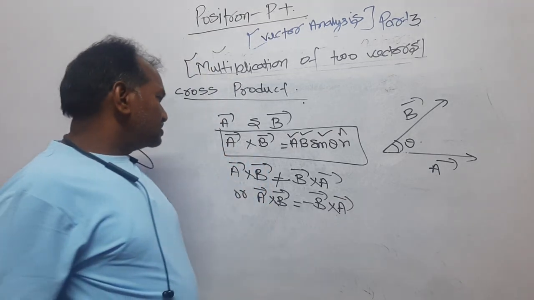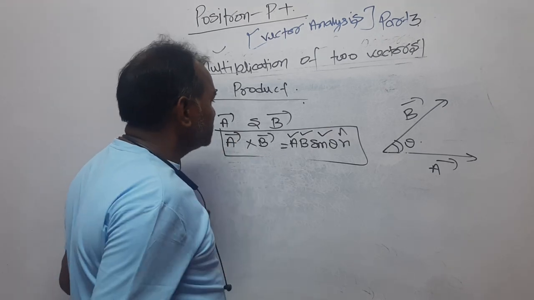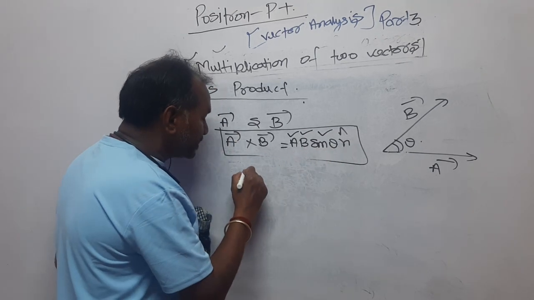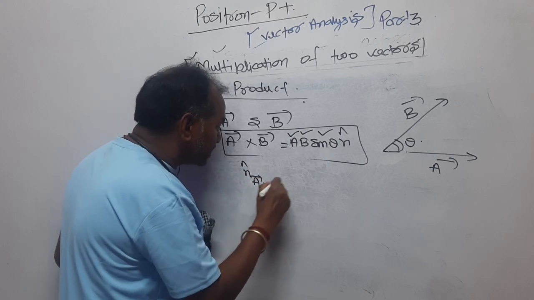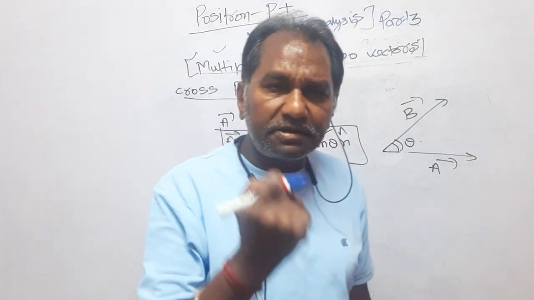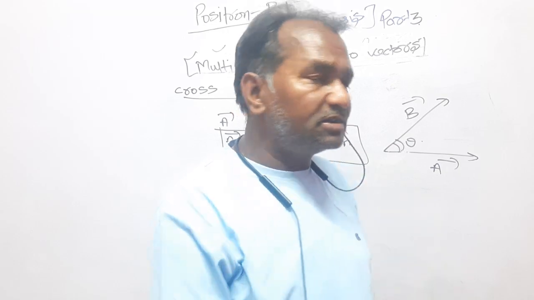Now, dear students, you say A cross B is equal to AB sin theta n cap, where n cap is what? It is a unit vector representing the direction of A cross B. A unit vector is a vector which has magnitude one. It gives only the direction.